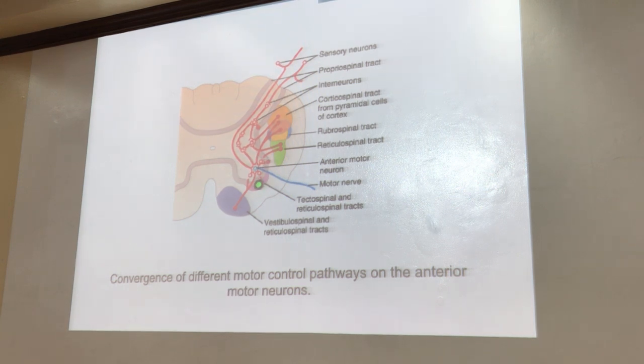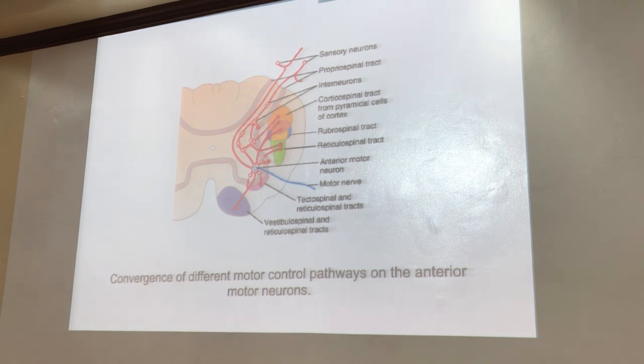And your core anterior motor neuron will have to listen to all the influences coming from these pathways, di ba? So what have you heard about another name for the anterior horn cell, the anterior motor neuron? Alpha. It's actually the final common pathway. Ito na yung final pathway na.